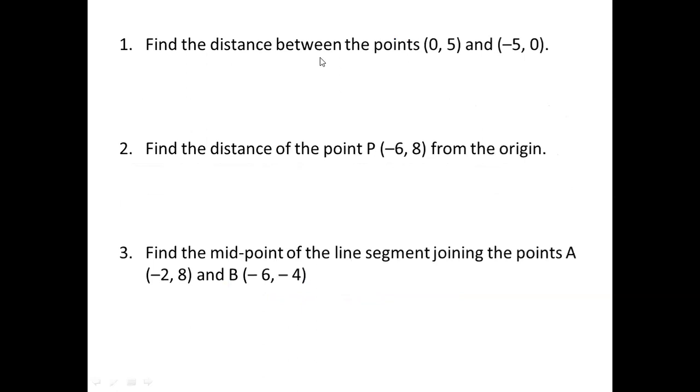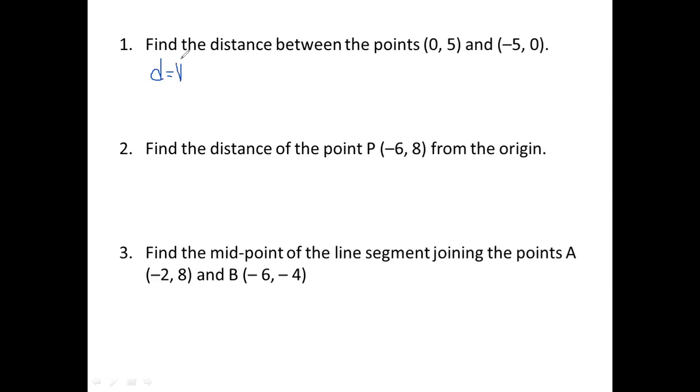So now let's solve some exercises so we can see how we can find this in real life. So let's see. We should find the distance from the point (0, 5) to (-5, 0). I'll first write down the formula.